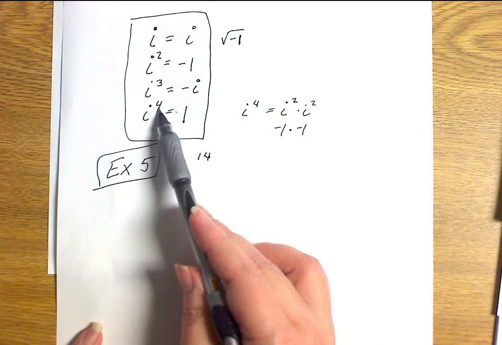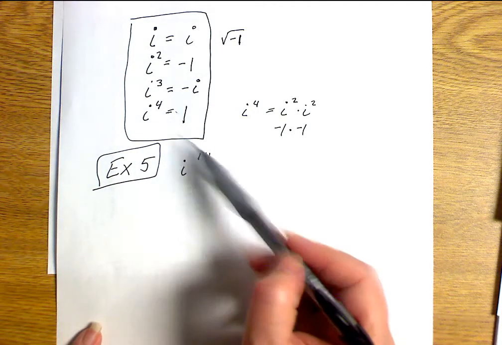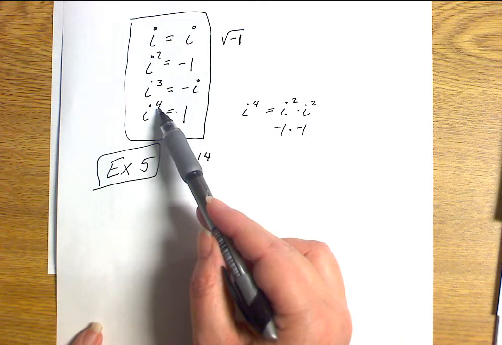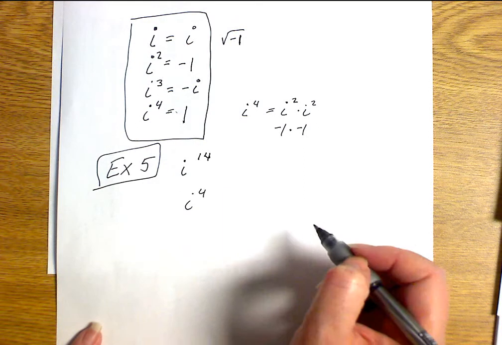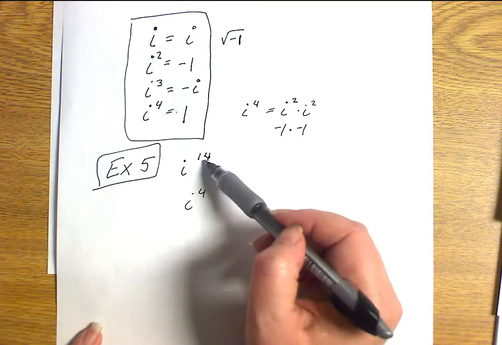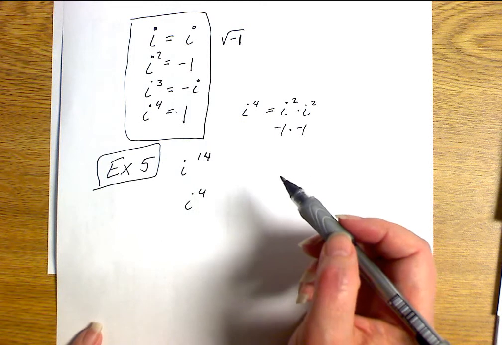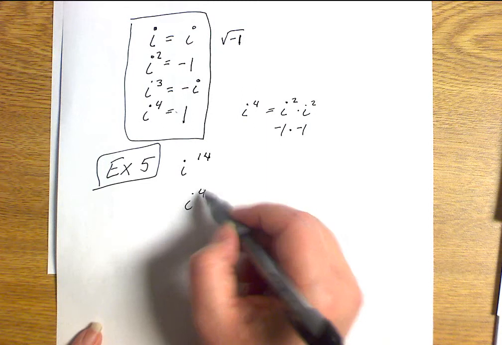How many i to the 4ths do we have? So you go 14 divided by 4. 4 goes into 14 how many times? 4, 8, 9, 10, 11, 12, 13, 14. 3 times, right? So there are 3 of these.